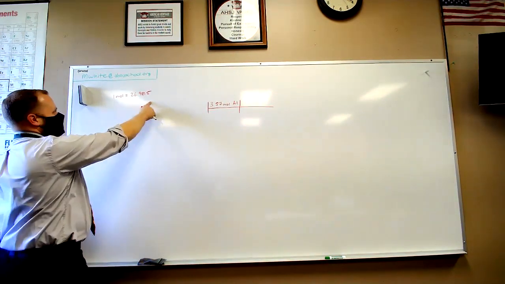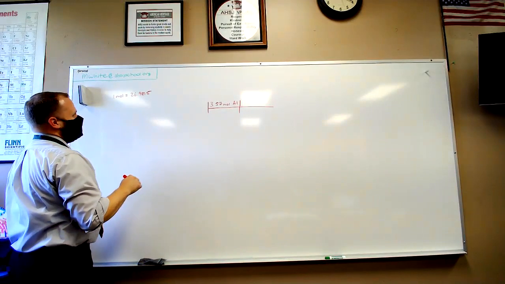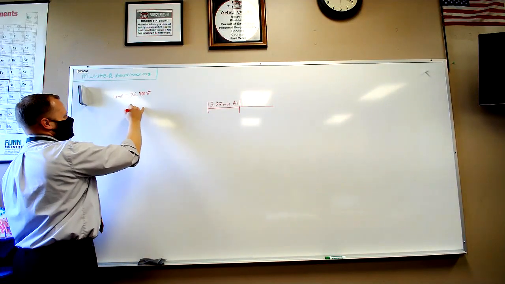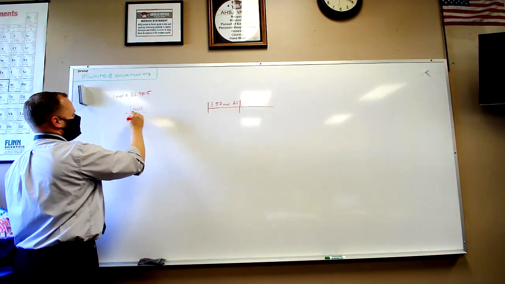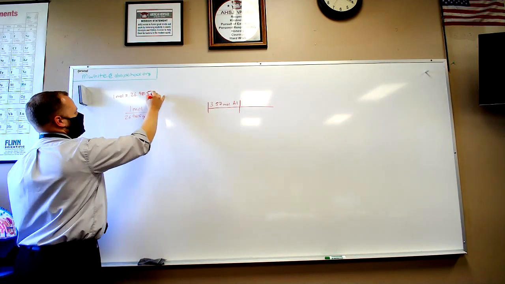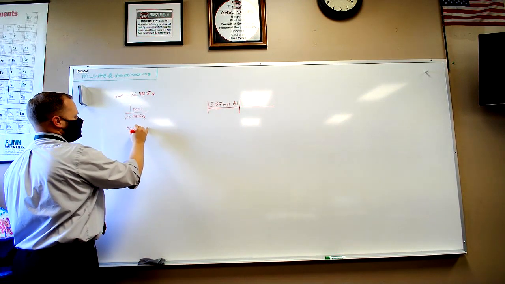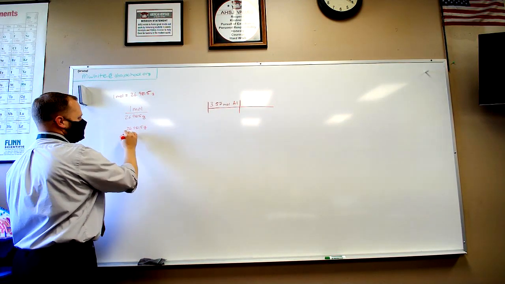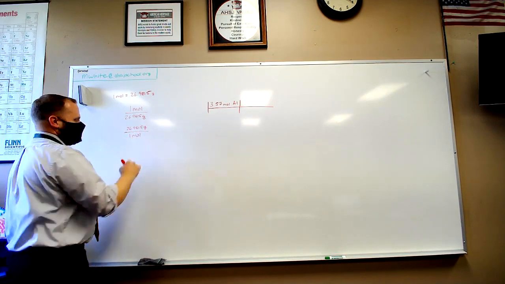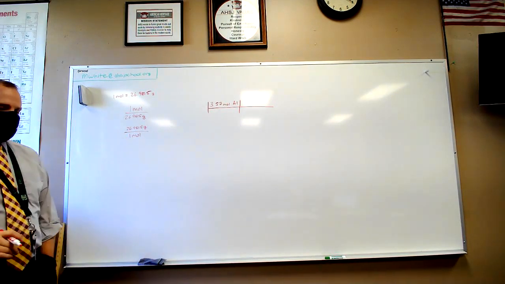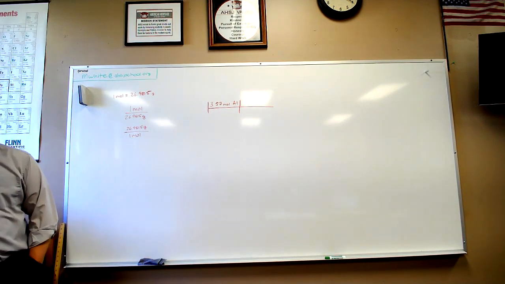So since we have that, our two conversion factors could be either this, got my grams there, or this. Okay. So which one of those would we want to use?